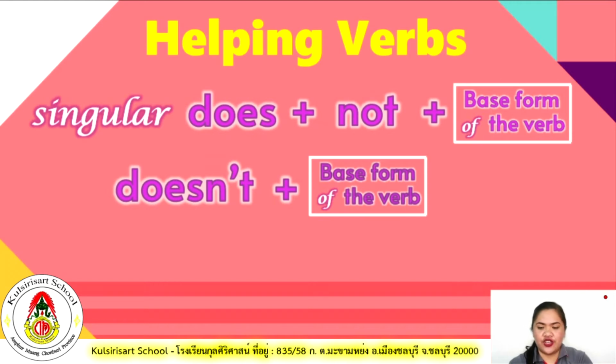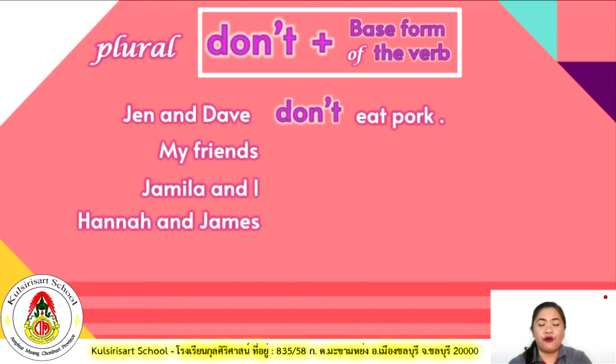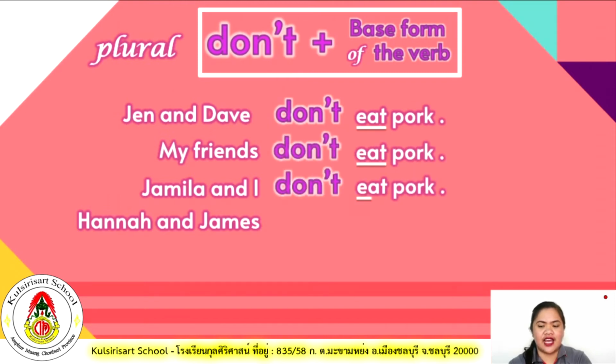Okay. So now, we have here examples. A while ago, we used drink coffee. But this time, we use eat pork. Jen and Dave don't eat pork. A while ago, we used do not. But this time, we use don't. Okay? Jen and Dave don't eat pork.